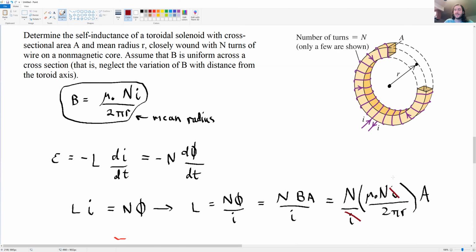I should always cancel for these materials which do not have a strong magnetic response. In other words, the relative magnetic permeability, mu r times mu 0, where mu r is the relative permeability.